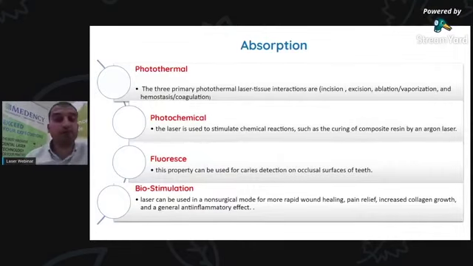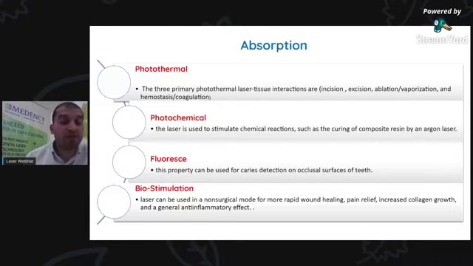The first one, photothermal, and this means that the laser is absorbed and converted into thermal energy, which will cause either incision or excision or ablation or vaporization. I will discuss this with you in the later slides.